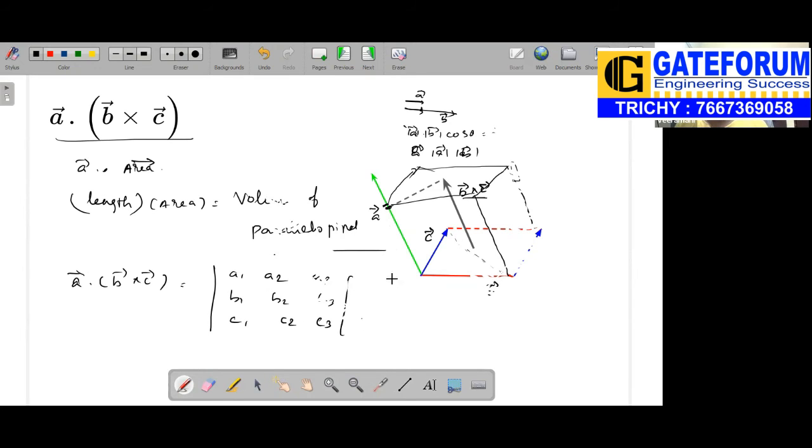It is basically the determinant of A vector, B vector, C vector. Just by taking the determinant of these vectors, you will get the answer, the volume of the parallelepiped.